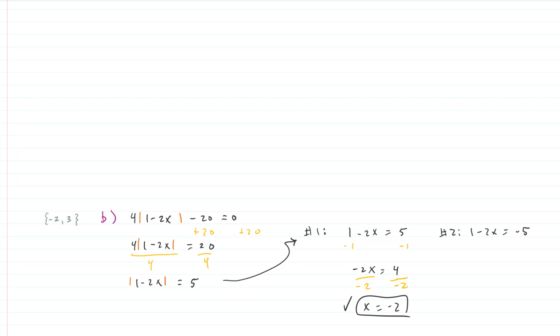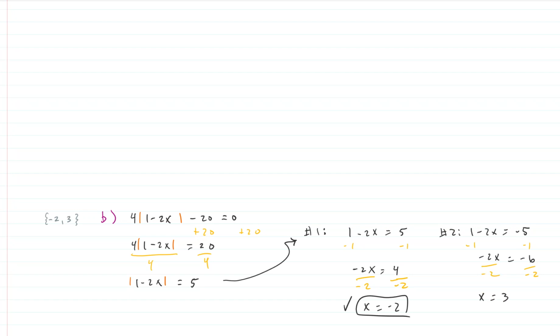And let's do our second option here. 1 minus 2x equals negative 5. Again, we will solve for x. Subtract 1 on both sides. Negative 2x equals negative 6. Divide both sides by negative 2.